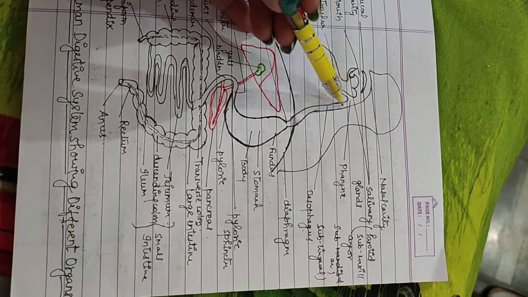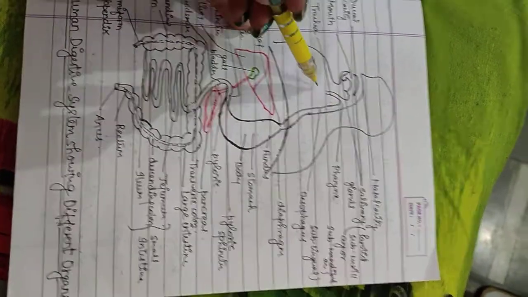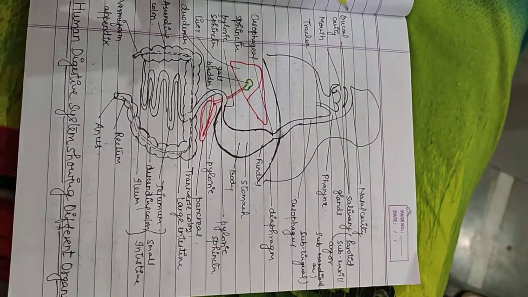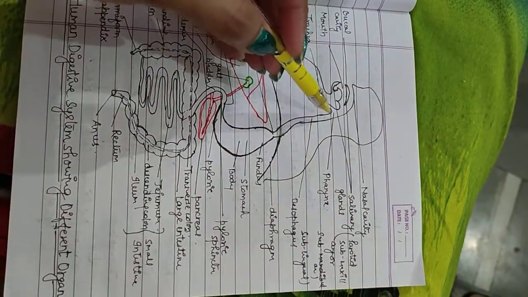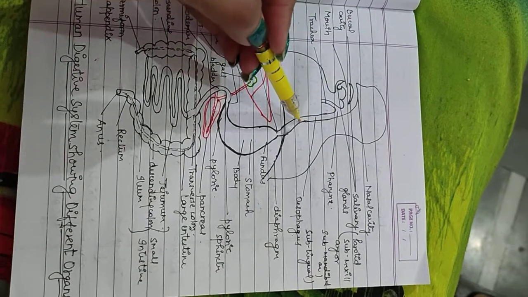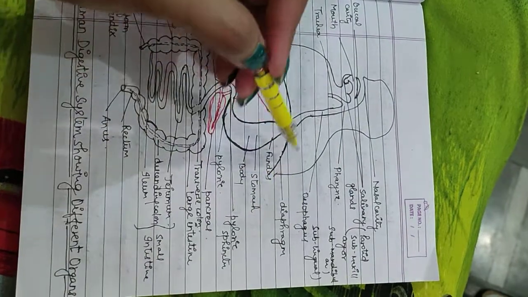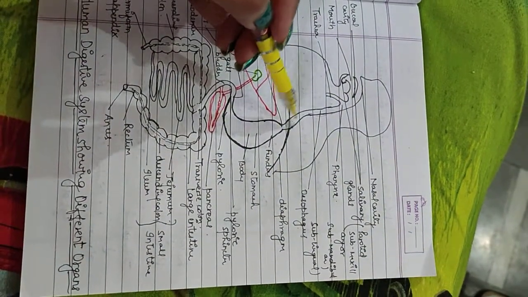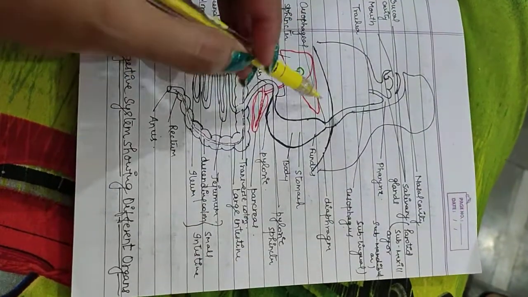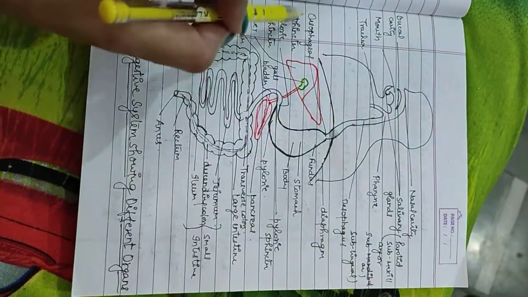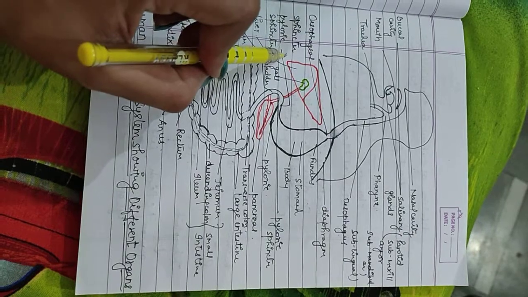Then there is the pharynx, and this is the trachea, which is also known as the windpipe. Then it moves forward, and this forms the esophagus, which is also known as the food pipe. Then there is a structure known as the esophageal sphincter.